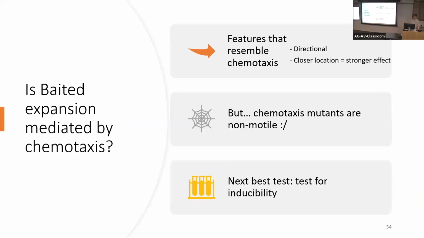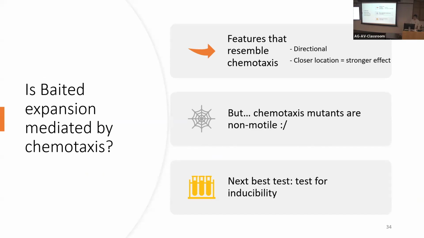So the next question I had for this was, is this chemotaxis? Because it looks very much like chemotaxis to me for two reasons. One is that it's directional. Chemotaxis is always directional. And two, we observed in many of our replicates that the closer a single bacterium, or a disease-resistant colony, is located to a bait, the stronger the effect seems to be.